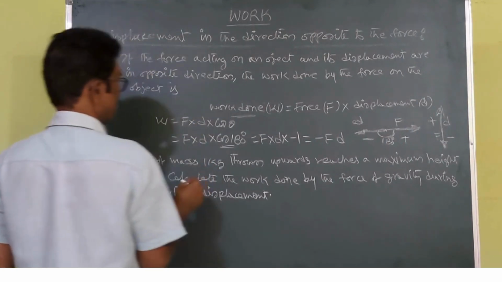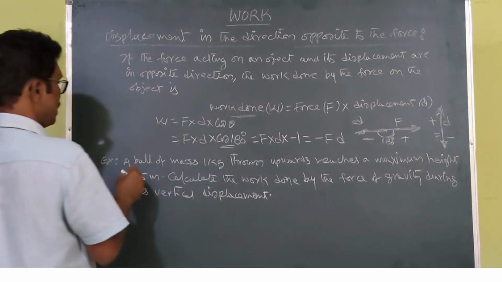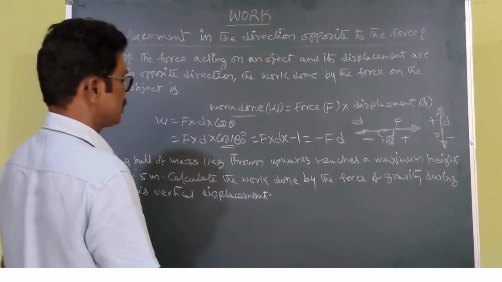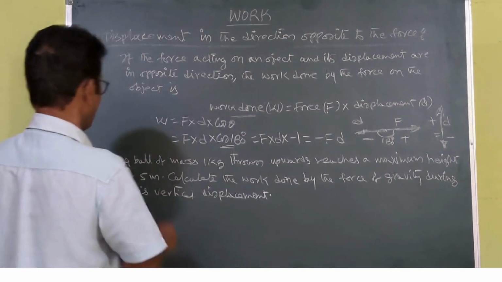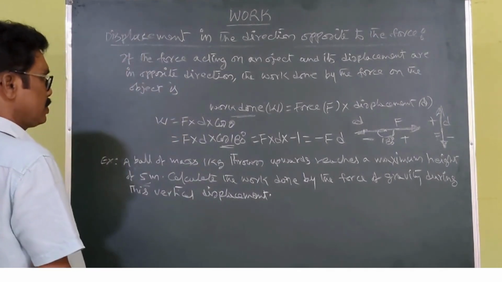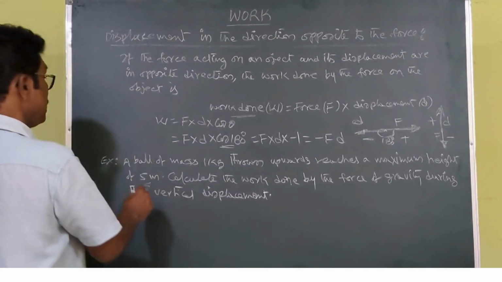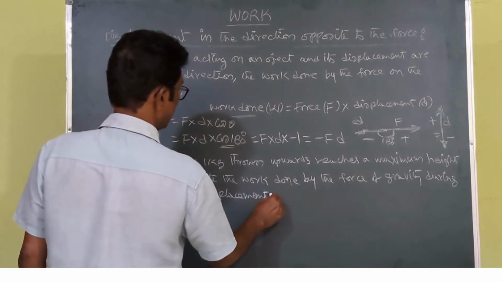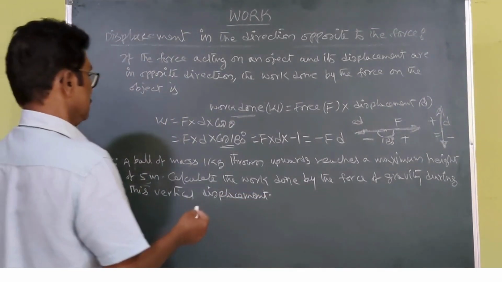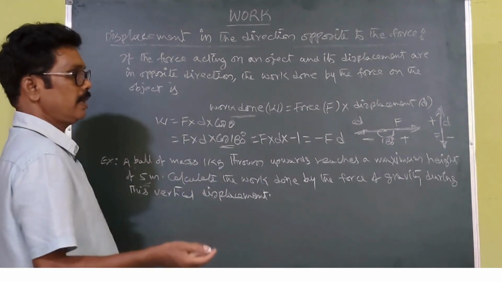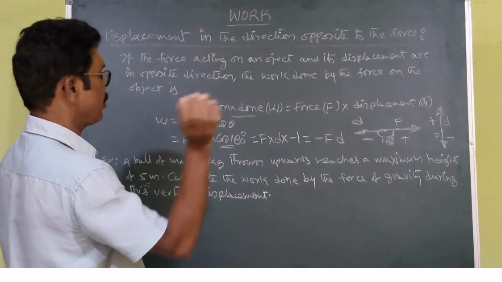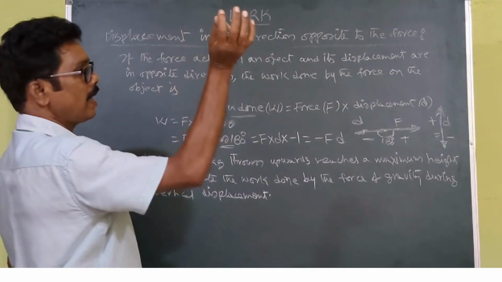If you take one example: a ball of mass 1 kg is thrown upwards and reaches a maximum height of 5 meters. Calculate the work done by the force of gravity during this vertical displacement. The ball is thrown up by hand.